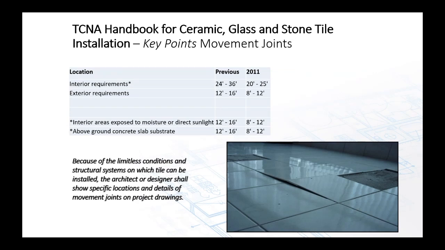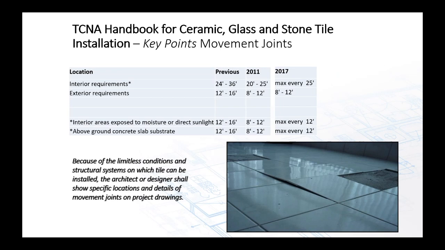Now movement joints. Years ago we had the recommendation to have a soft joint every 24 to 36 feet interior. That recommendation changed in 2011 to include 20 to 25 feet interior. It changed in 2017 to include maximum every 25 feet.